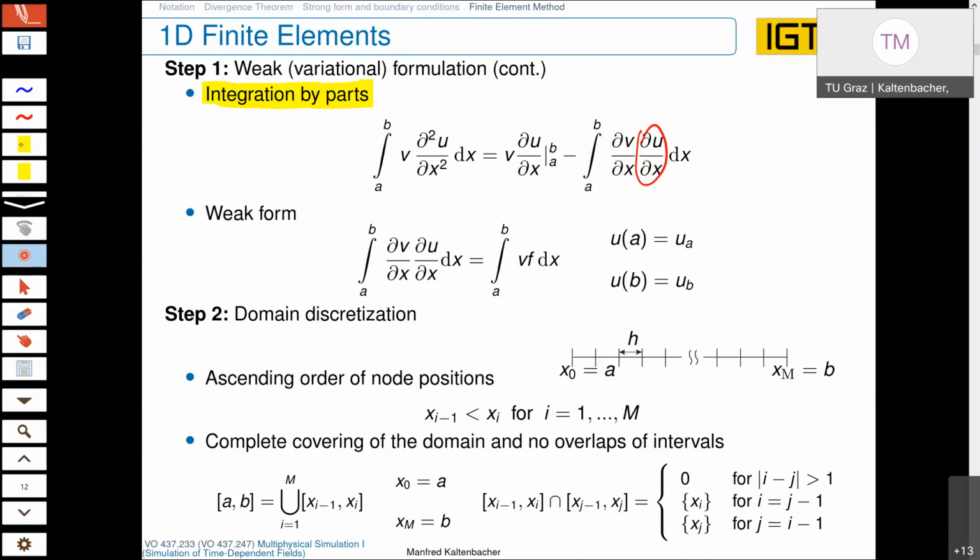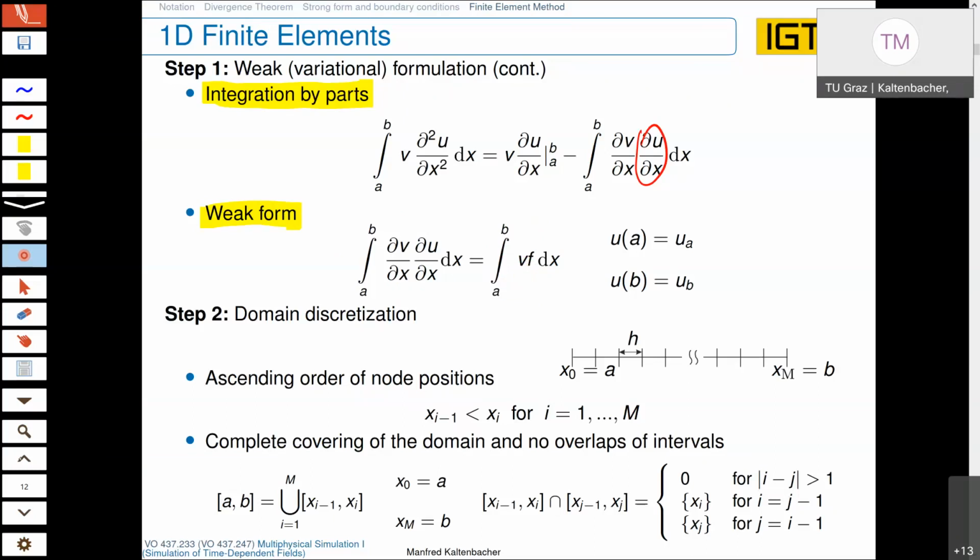So the weak form, to be precise, is as follows. On the left-hand side we have the integration over the first order spatial derivative of the test function and the unknown u, which is equal to the right-hand side, where we also integrate over the computational domain the test function multiplied with the excitation function f.